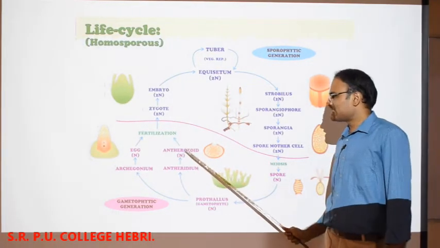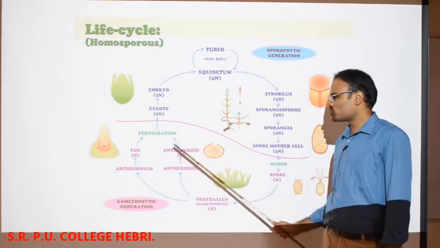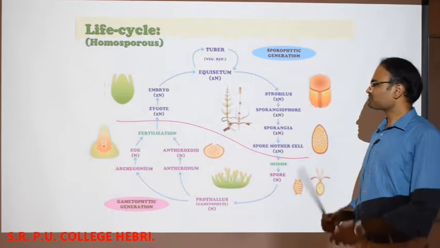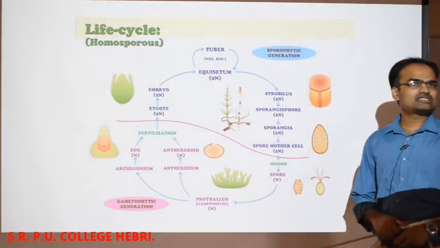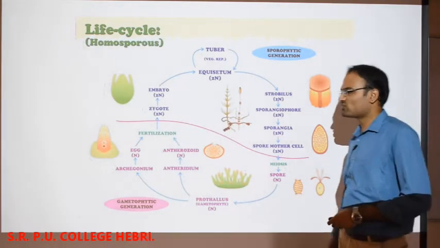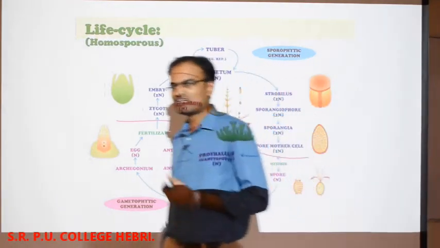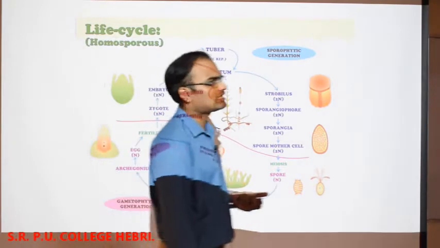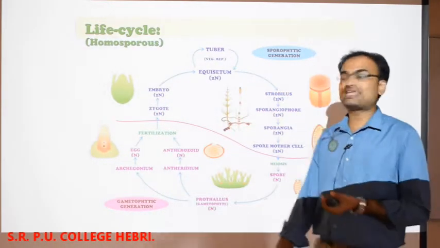When both anthrozoid and egg cell fuse, that process we call fertilization. After fertilization, zygote is formed. That zygote formation is taking place inside the female gametophyte. That's why that female gametophyte is retained on the sporophyte for variable periods.